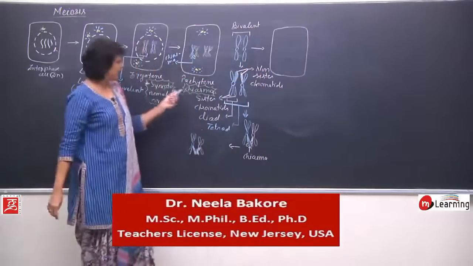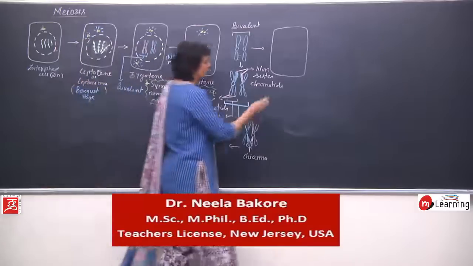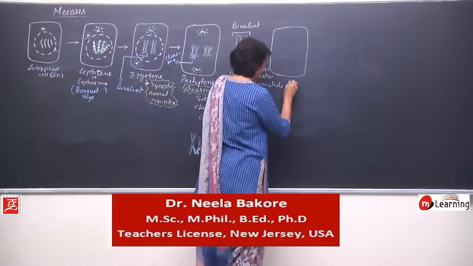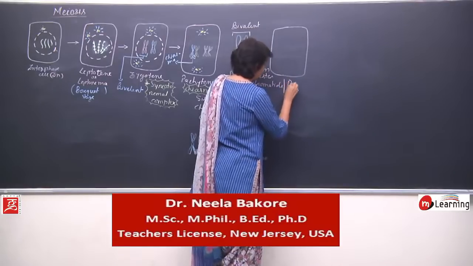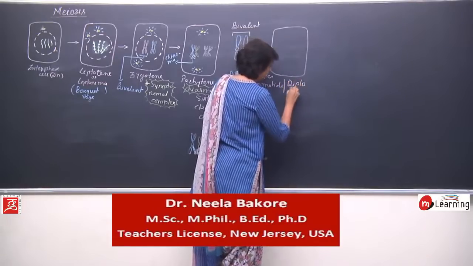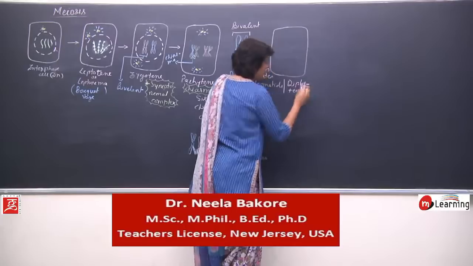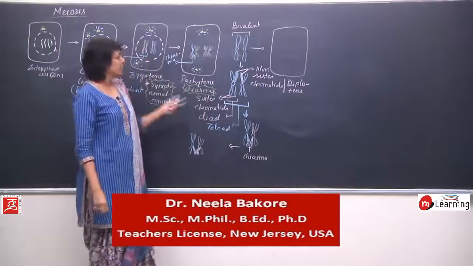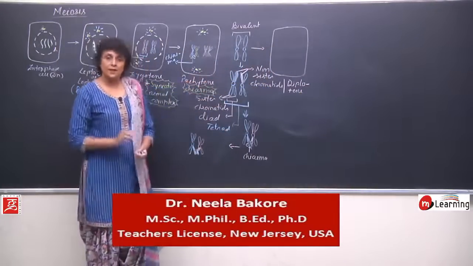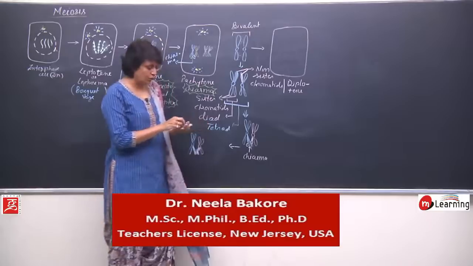This subphase after pachytene is known as diplotene. In this, the nuclear membrane is completely gone, so we don't see nuclear membrane.